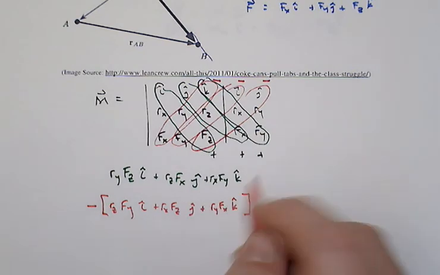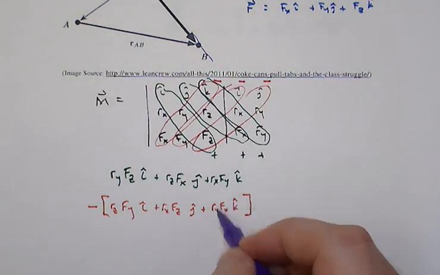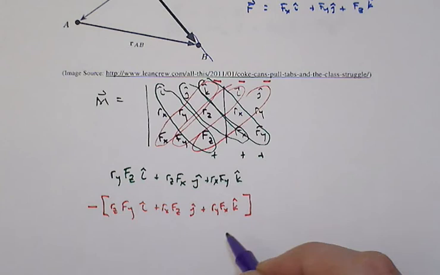Note that in every case the subscripts are all different. There's no repeated subscripts: y, x, k. Well, k is not a subscript, it's a unit vector. But x, z, j, z, y, i. You always have unique mixes here, right? And notice how these stack up: rx, fy, and then we get ry, fx, with a minus sign. So there's always that mix going on and that pairing as well.